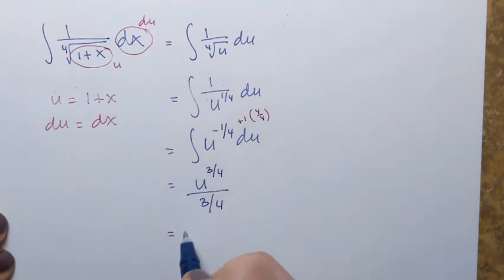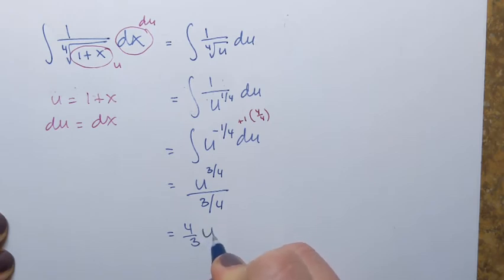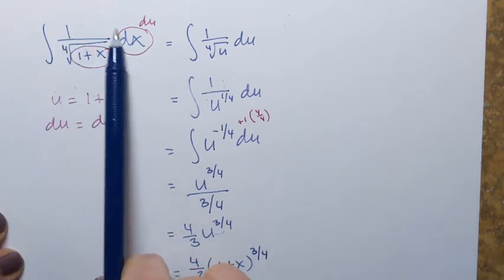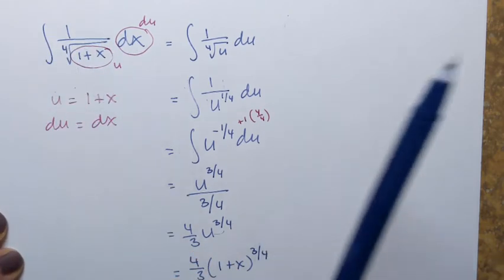So that's 4 over 3 u to the power 3 over 4. And now u is 1 plus x. So 4 over 3 times 1 plus x to the power 3 over 4. So that's the result of this integral.